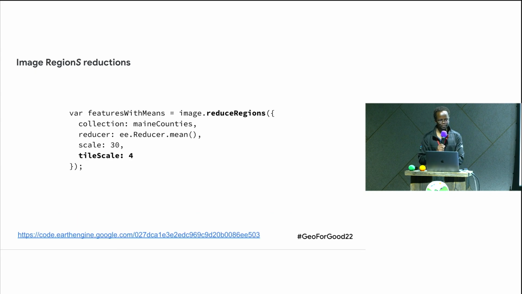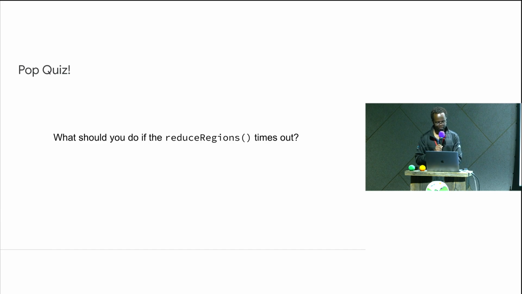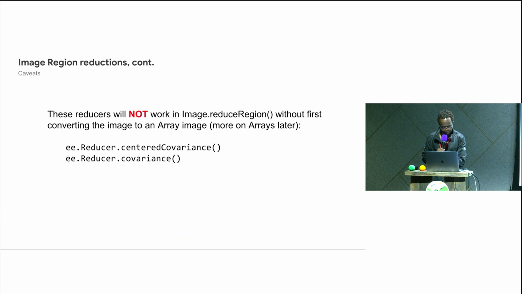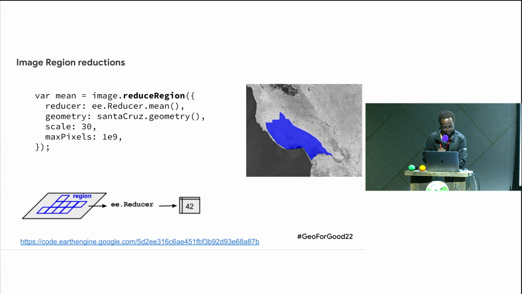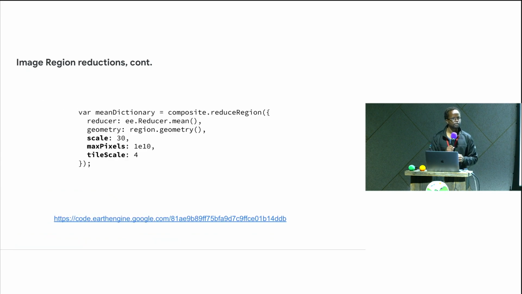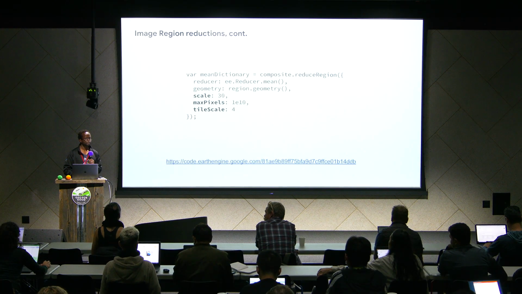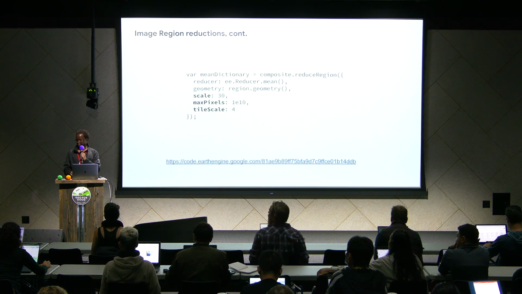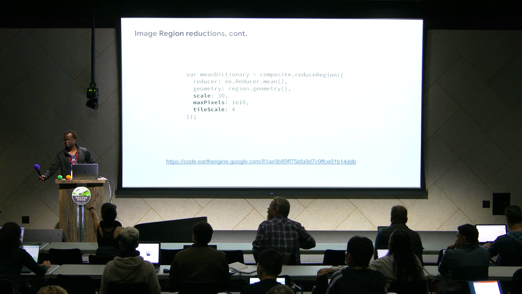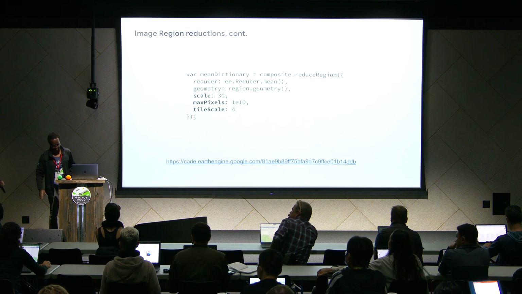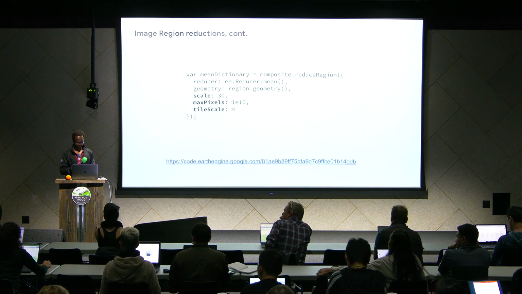I have another question. On the tile scale, in simple terms, does that mean what you're doing is increasing the parallelization of the processing by just breaking it into 4 chunks instead of 1? Yes. Okay. Yes. Let me dive in there. The default tile size is 256 by 256.